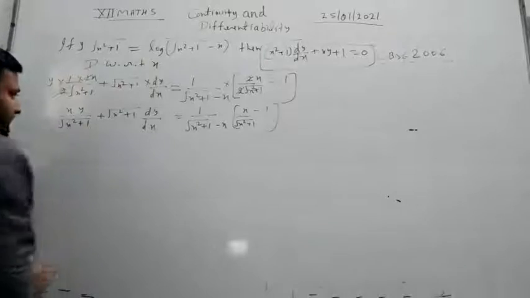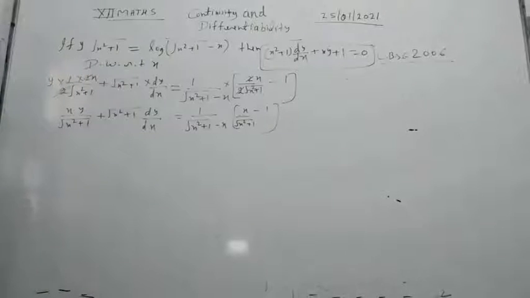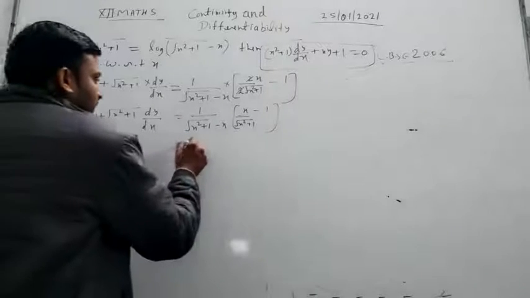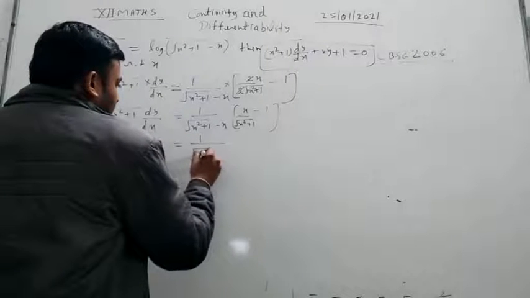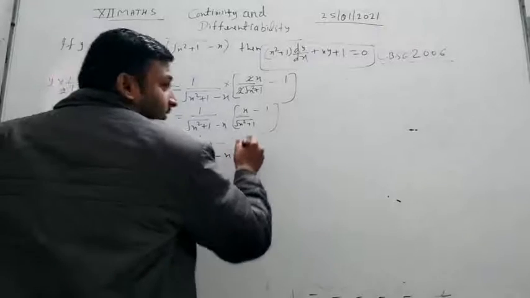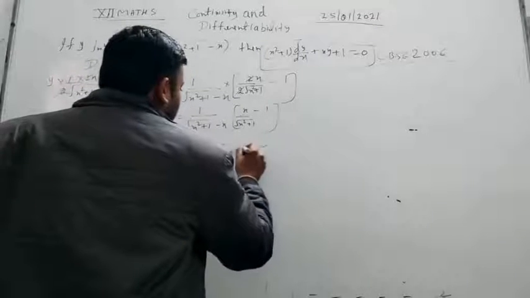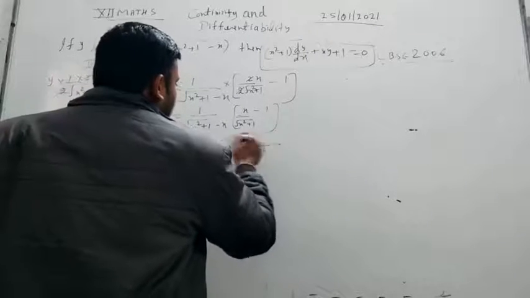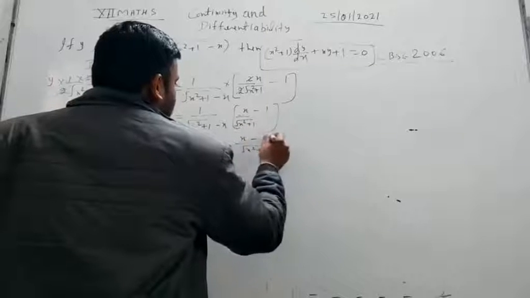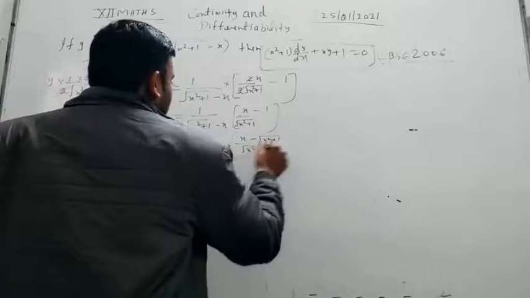Now taking the LCM, x square plus 1, we get x minus x square plus 1.